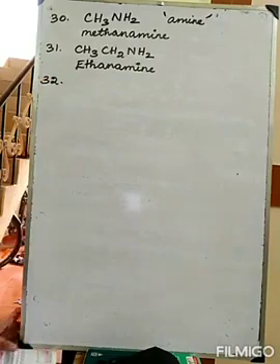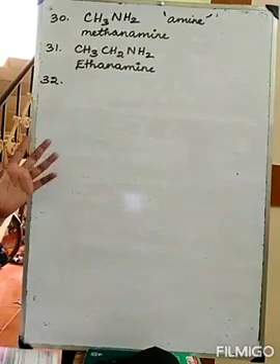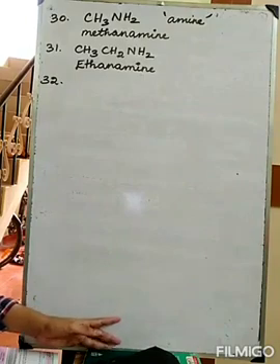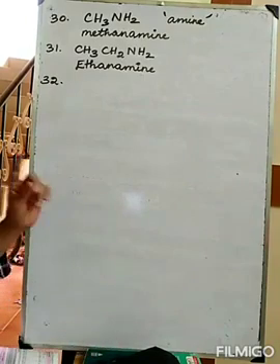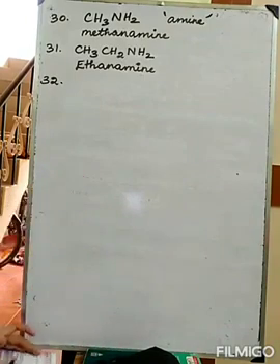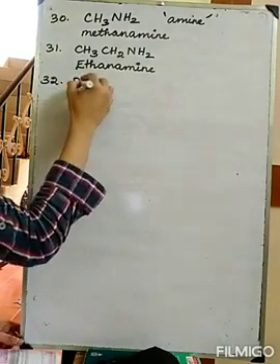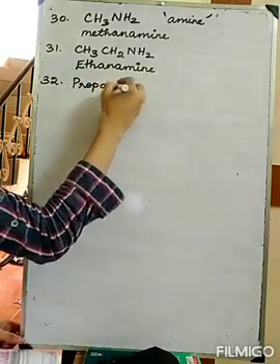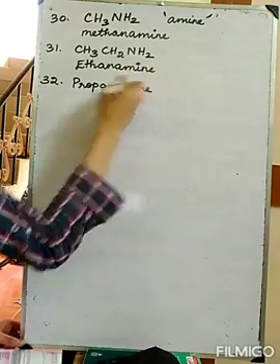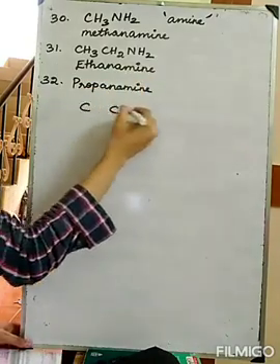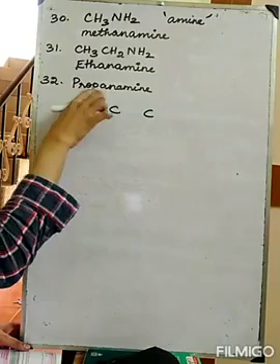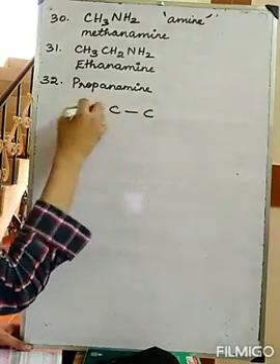Next, 32nd example. More than 30 examples I am doing, so that in the test if anybody makes a mistake, that's all. What will be the structure for propanamine? CH3CH2. Prop means how many carbons? 3 carbons. So ane means single bond.